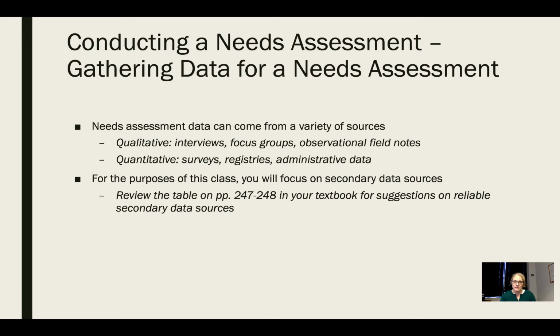You're not going to be collecting any data, and you're going to be looking at large studies that have been done either nationally or statewide, or even locally, to give you information on the needs of your target population. There's a really helpful table on those pages listed here in your textbook that should help you know where to start looking for that reliable data.